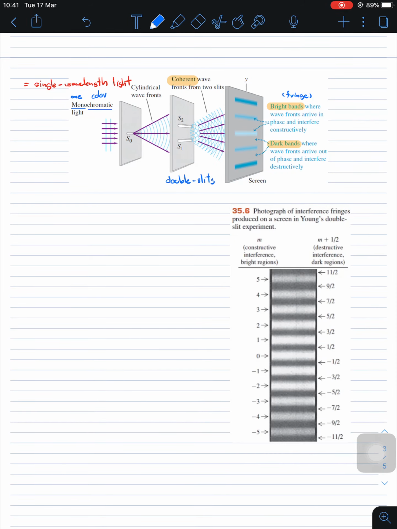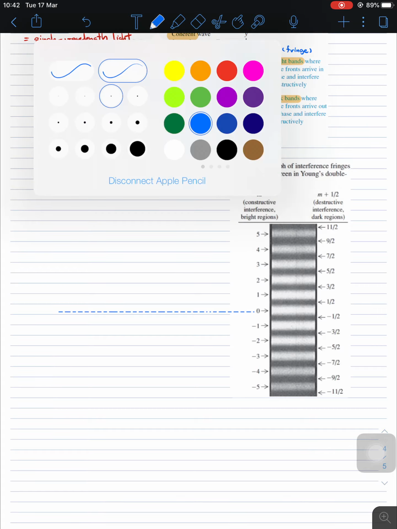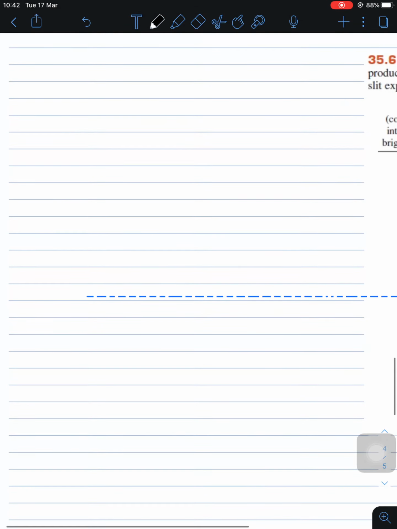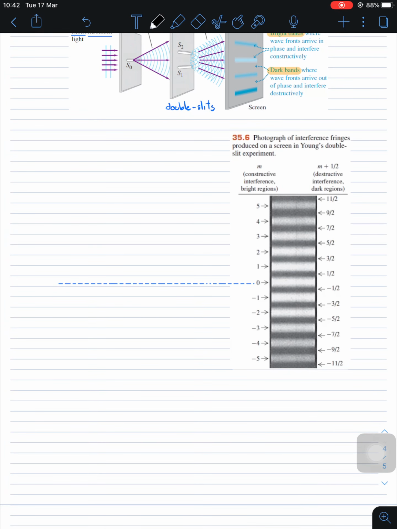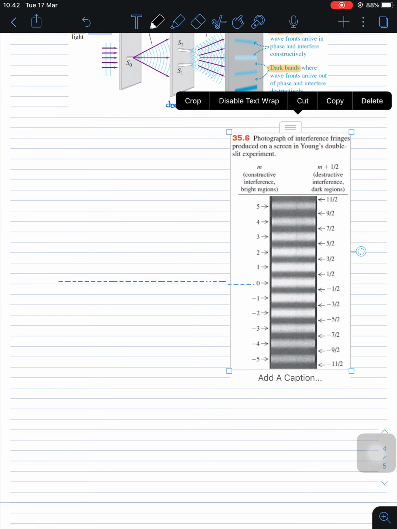Okay, from this one, this is 0. Let me just put it here, and then let me make it as the dashed line. Let's say that if we have a slit, right? Actually, let me move. Okay, this would be better.